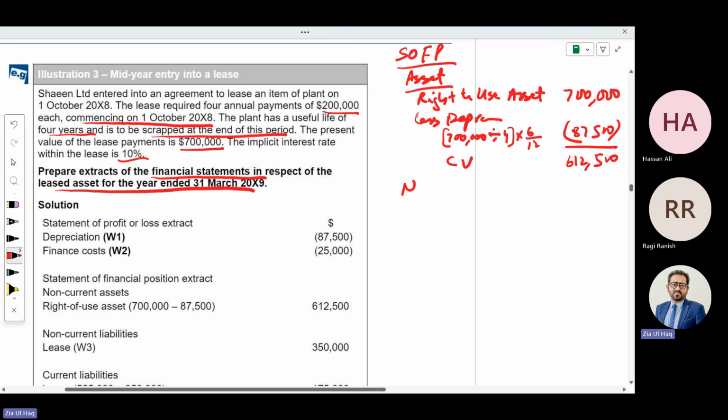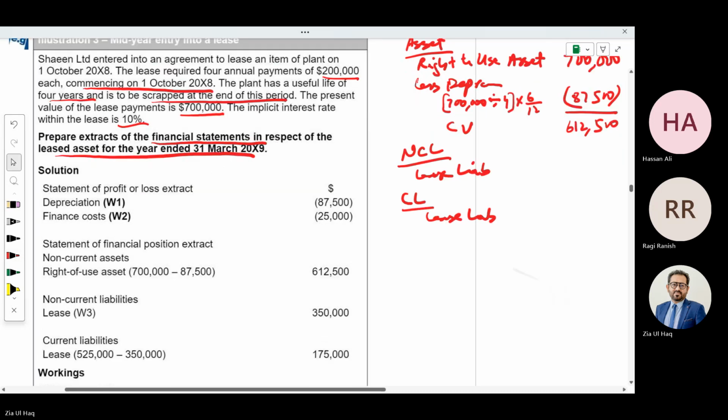We need to know the value of the non-current lease liability and the current lease liability. And for that, we need to move towards calculation.